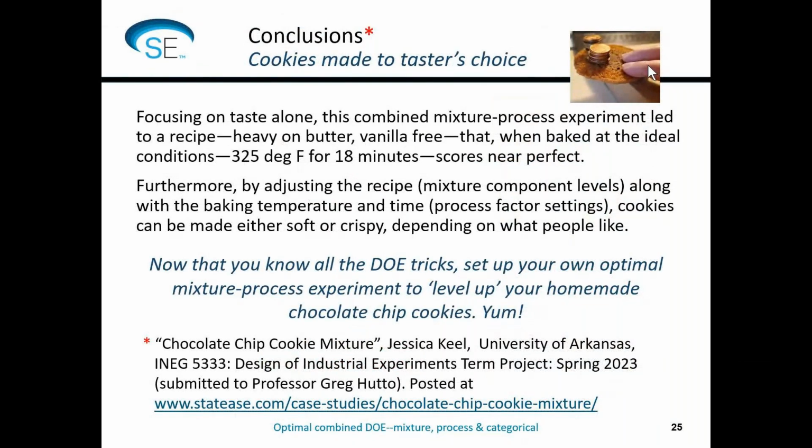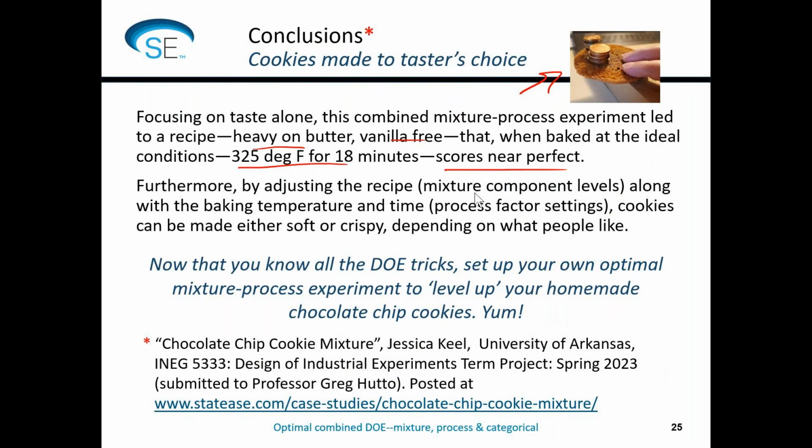So eventually she came up with a recipe that was heavy on butter, vanilla free, that when baked at ideal conditions scored near perfect on her overall taste. And then here's a picture of her little penny test that she did on the texture. Then in the numeric optimization, she did 2 different setups. One was for a soft cookie and how you would make the blend and bake it off for the soft cookie.